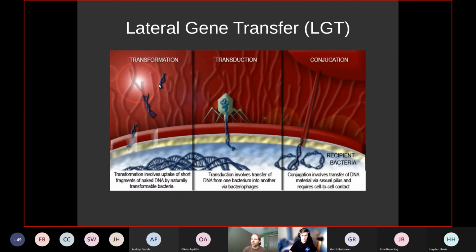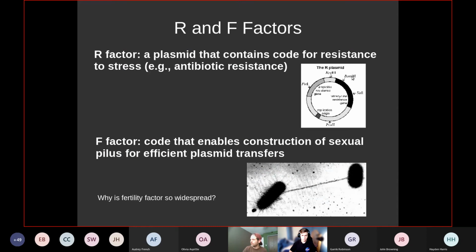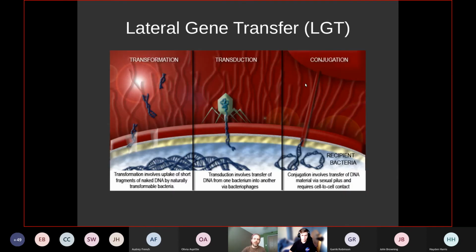You could excrete a plasmid, these little circular short chains of DNA. You could send that into the environment and just hope, not that bacteria have hopes and dreams, but you could just essentially count on the bacteria around you picking that up before it gets broken down by DNases and stuff in the environment.